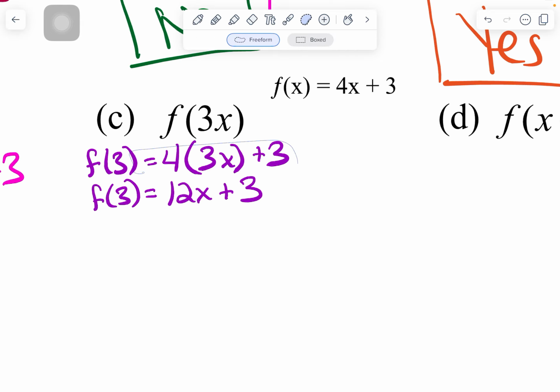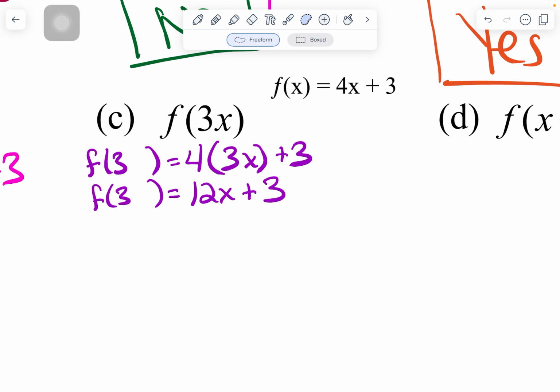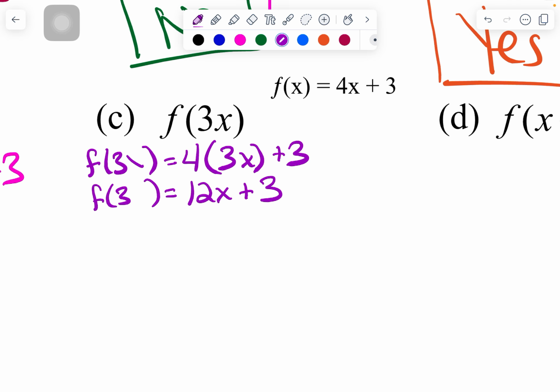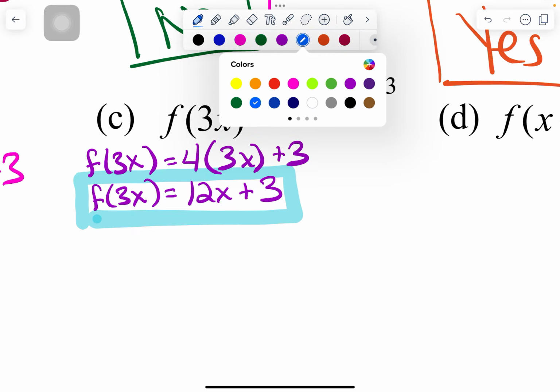I realized I wrote something down wrong here. Those are both supposed to have x's there. Okay, so remember, that 3x replaces the original x, and then we're just simplifying this right side. 12x plus 3, you can't combine those. They're not like terms. So yeah, f of 3x is equal to 12x plus 3. All right, final answer there for part C.